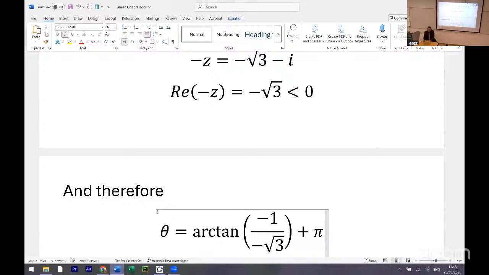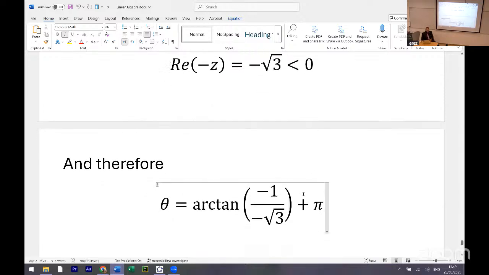And the way we knew that there is a plus pi here is because the real part of the number was negative. That's exactly when we add pi. If the real part is positive, we don't add the pi. That's the whole thing. So it's a bit more complex, and the formulas are harder to remember than the other way around, but still not too complex. It's quite easy to do.